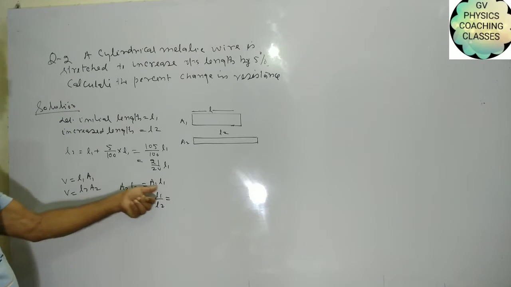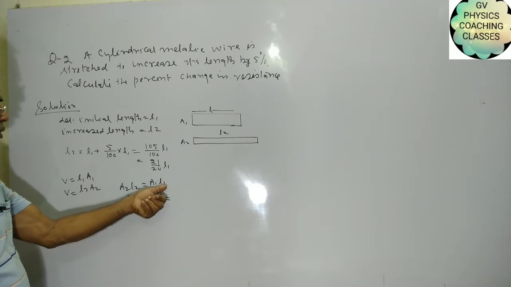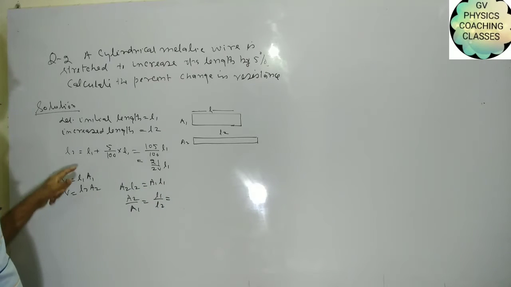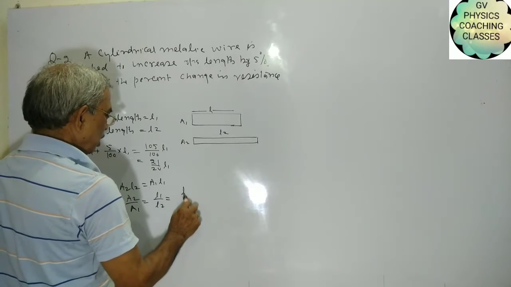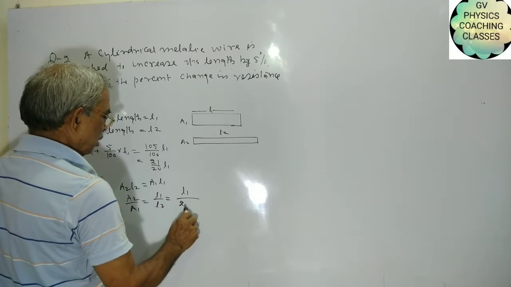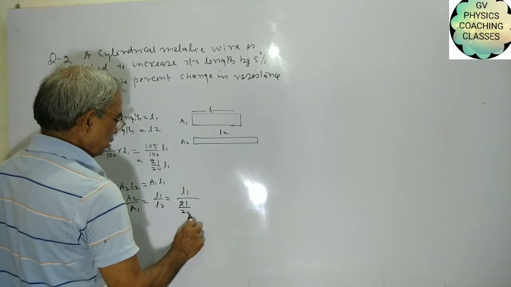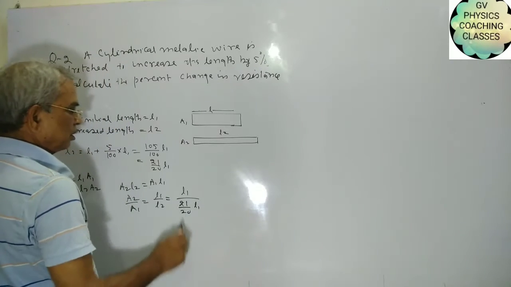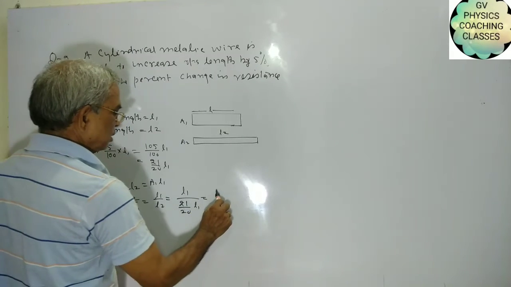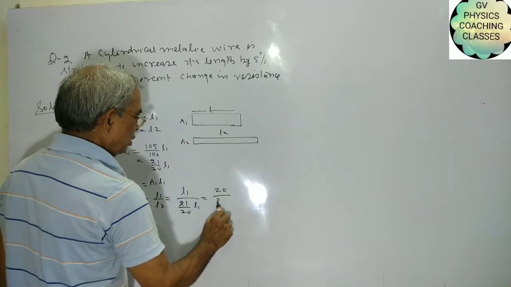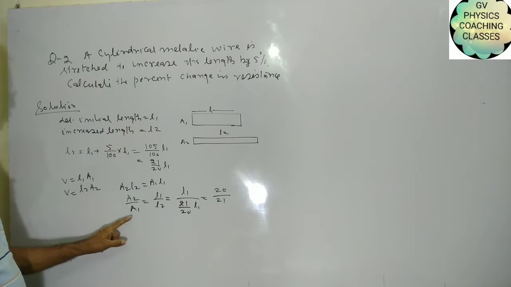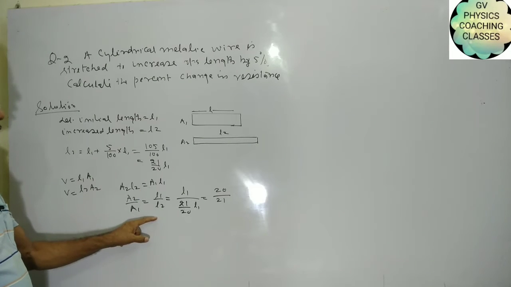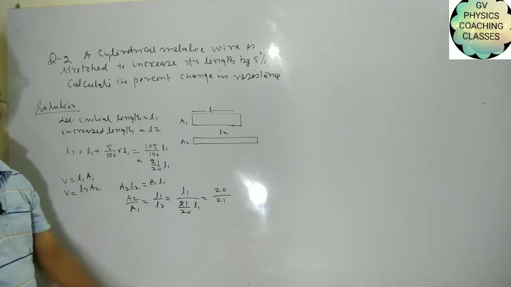With L2 equal to 21 upon 20 L1, it is 20 upon 21. It means A2 upon A1, or L1 upon L2, is equal to 20 upon 21.